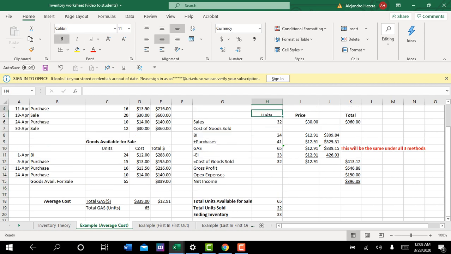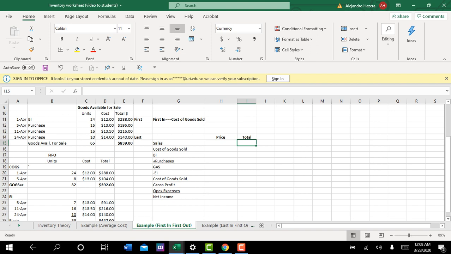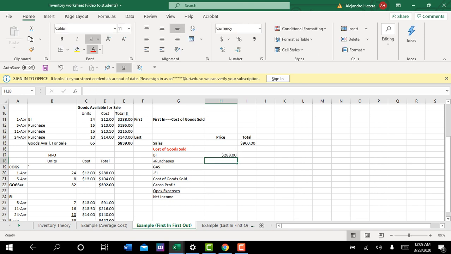Now our cost of goods sold calculation. Here is our cost of goods sold calculation again. Our beginning inventory is equal to $288. Our purchases are equal to $195 plus $216 plus $140, so our total purchases are $551.